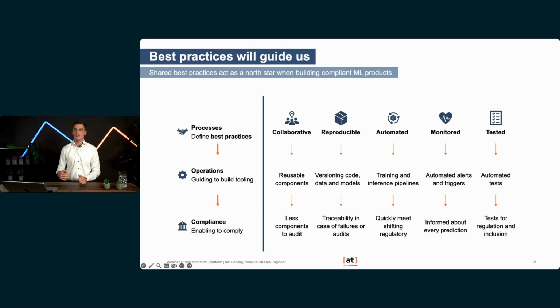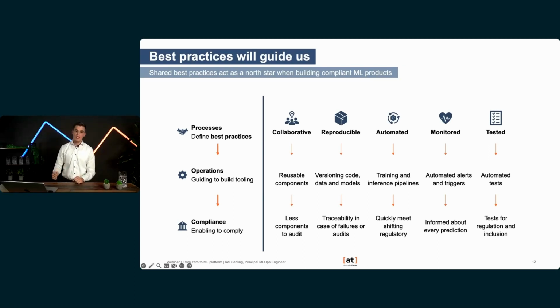Let's say a customer complains about a decision a model made. If you're able to recreate that state, you can figure out what went wrong and ultimately explain it to your customer. Automation: once you are able to quickly bring new models, new versions into production, you're also able to quickly react to any shifting regulatory requirements.